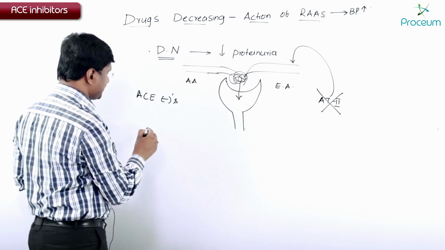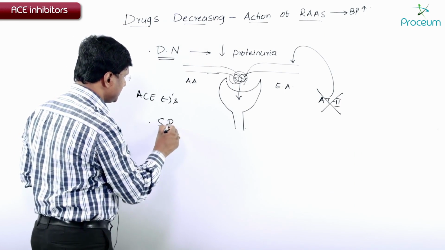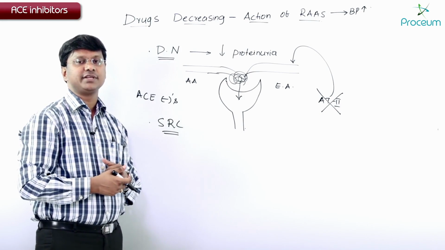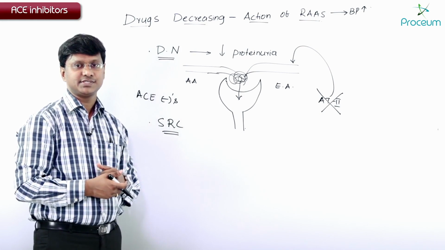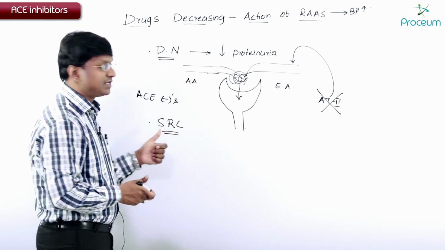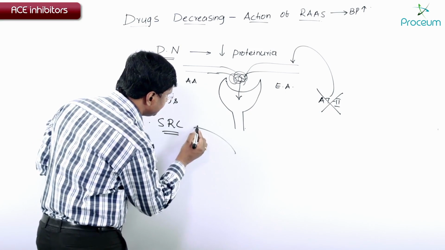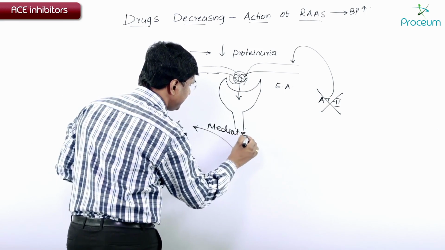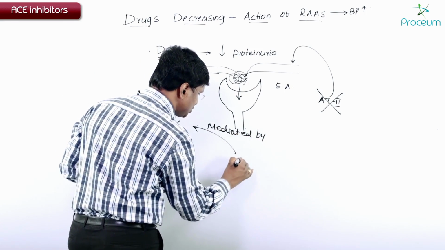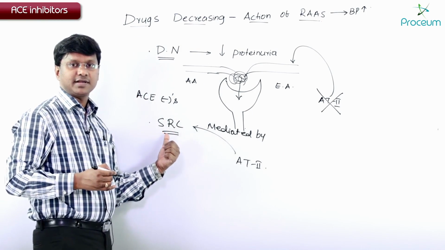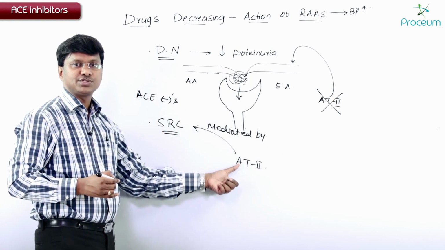The next use I have told you is in case of scleroderma renal crisis. How these ACE inhibitors are used in scleroderma renal crisis is, remember, this scleroderma renal crisis is being mediated by angiotensin 2.